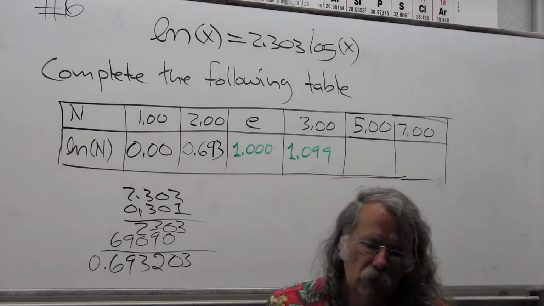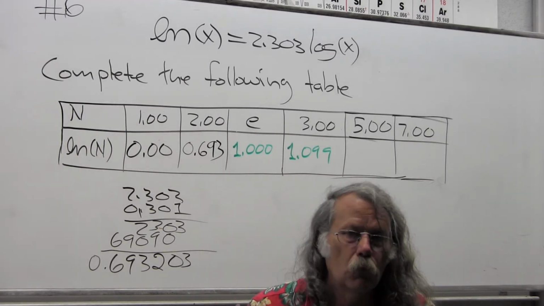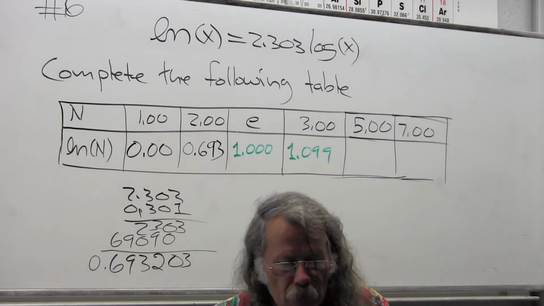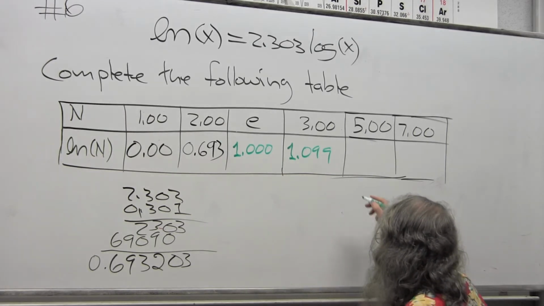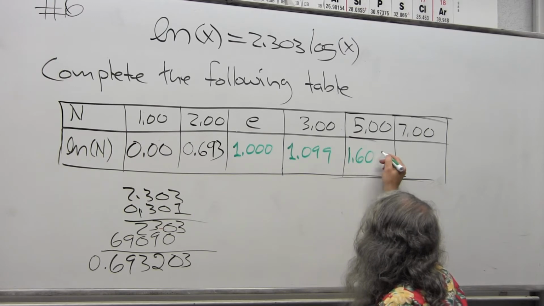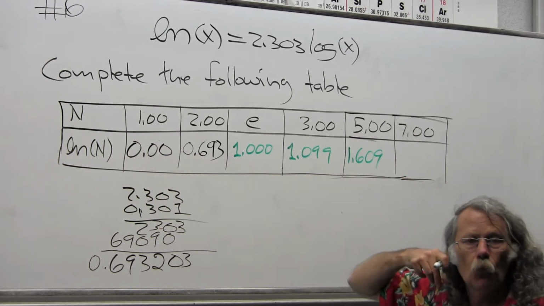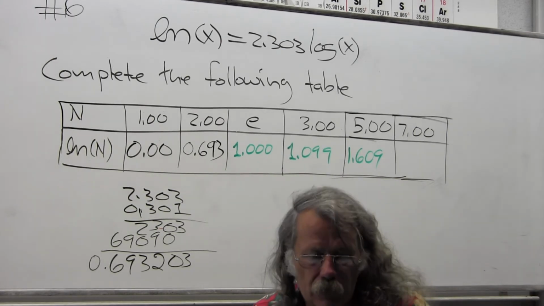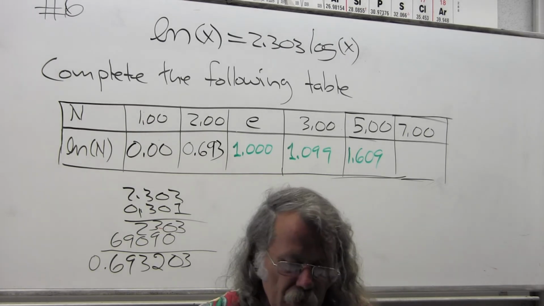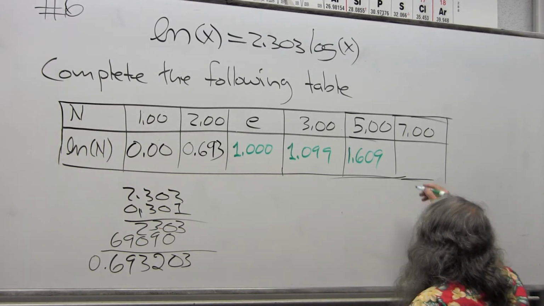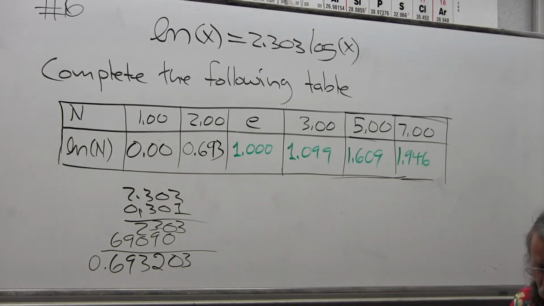And the natural log of 5, where the log of 5 is 0.699, 0.699 times 2.303 is 1.609. And now the log of 7 is 0.845. 0.845 multiplied times 2.303 is 1.946. So you've completed this table.